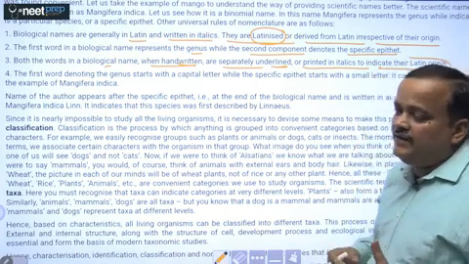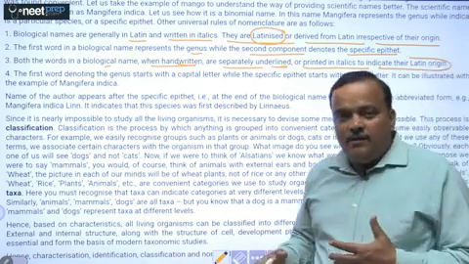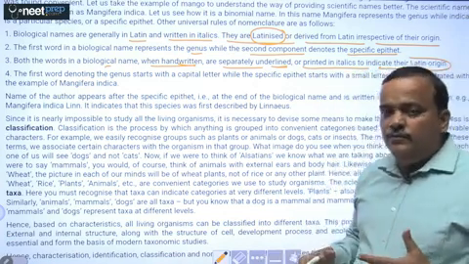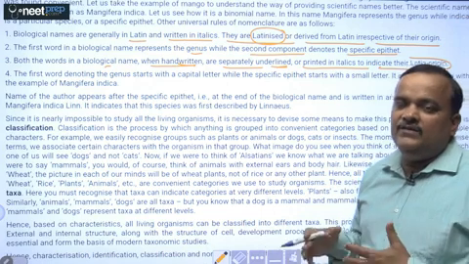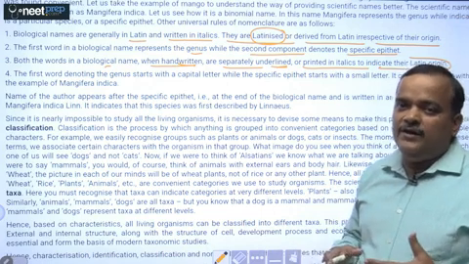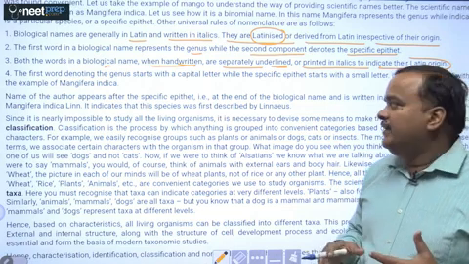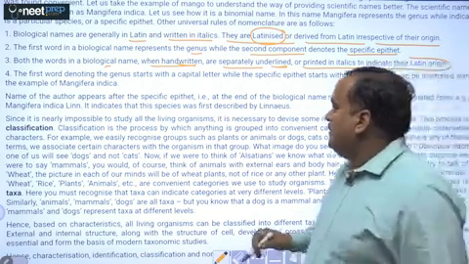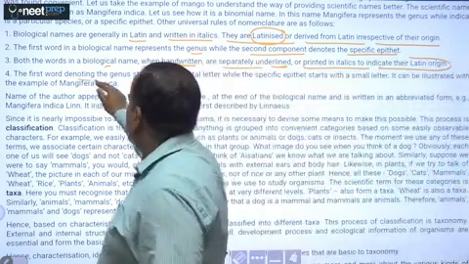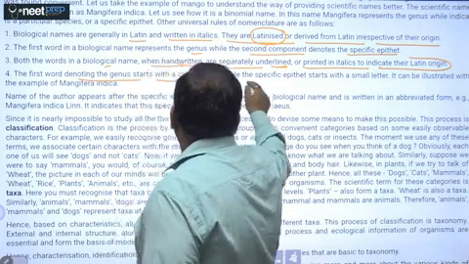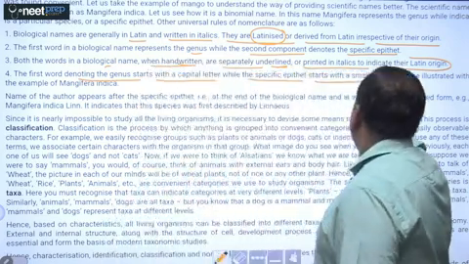That means whenever you write a botanical name, you underline the name of the genus and species separately in order to show their Latin origin, or if it is printed, then it is always printed in italics.